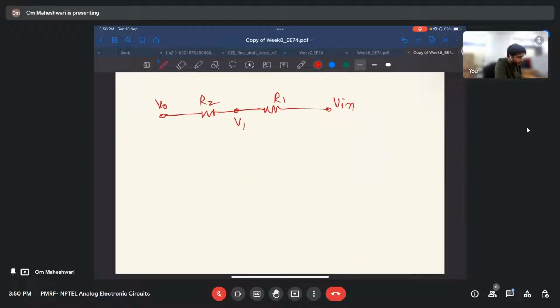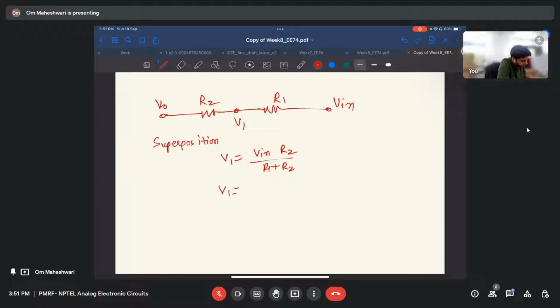I will apply the superposition theorem. I'll first consider one of them as 0. Let us say this one is 0. Then V1 equals V in R2 by R1 plus R2. Then I will consider this one as 0.